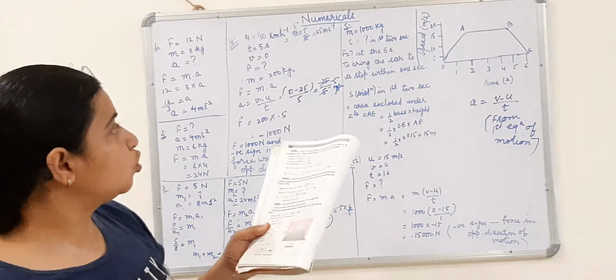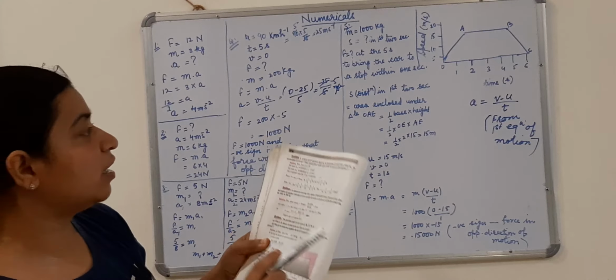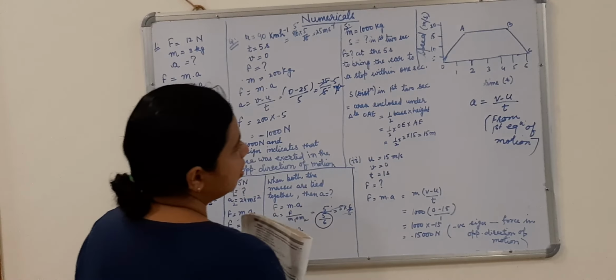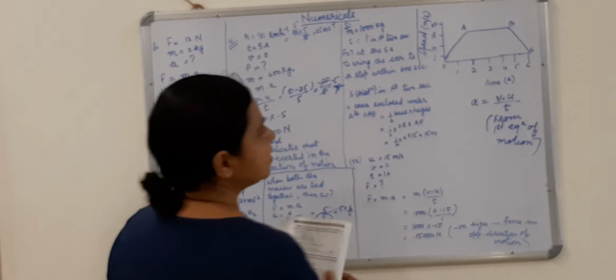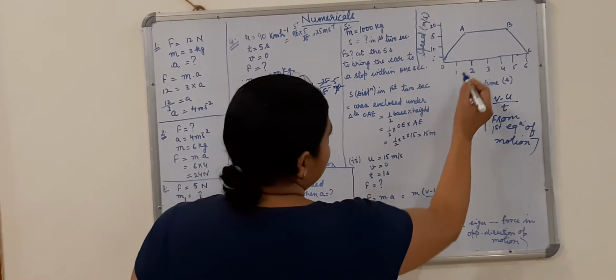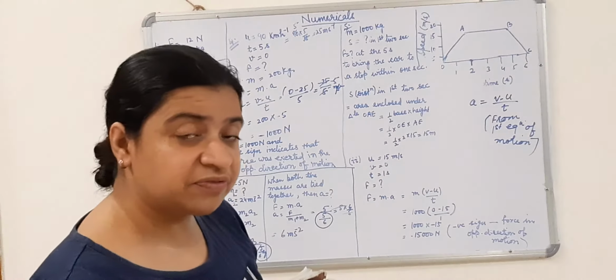You need to calculate two things here. First, what is the distance travelled by the car in the first 2 seconds? Children, you have to find out the distance in the first 2 seconds. This is the graph of the given. So how will I find out the distance in the first 2 seconds?